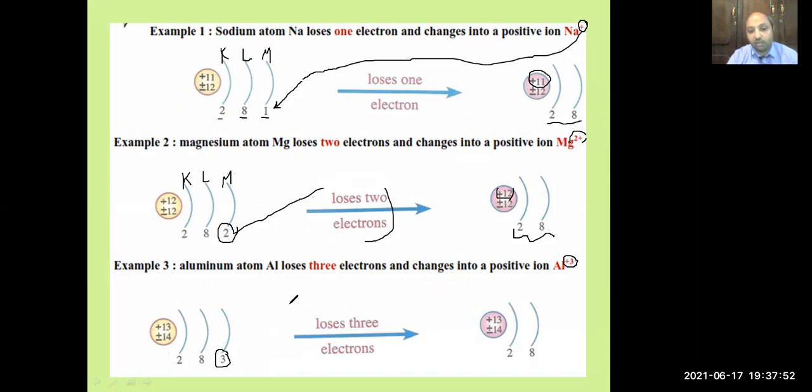Here aluminium loses 3 electrons, so the number of positive charges equals 3. Let's compare between the number of electrons in this positive ion and the number of protons. Here the number of electrons is also less than the number of protons inside the nucleus. Okay.